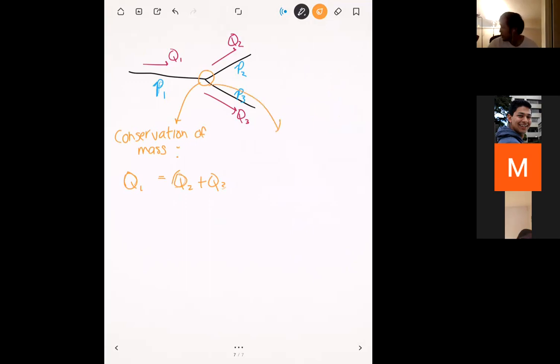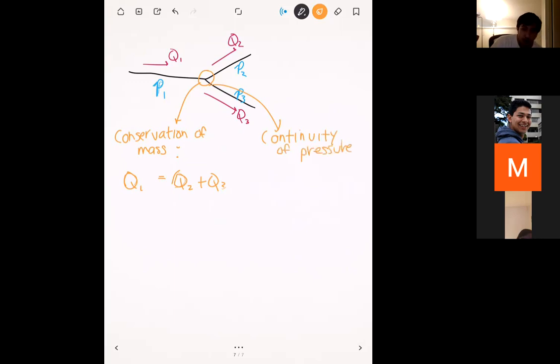Another thing that we know is that because these vessels are directly connected, their pressures have to be the same as well, right? And so we also have continuity of pressure. Right?